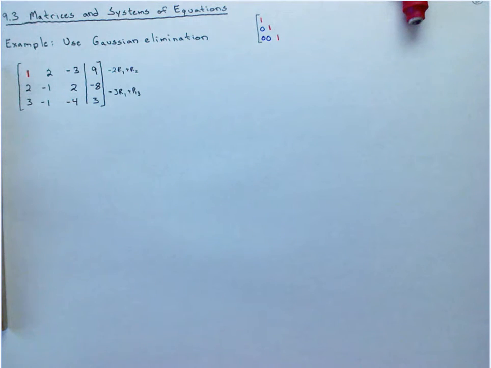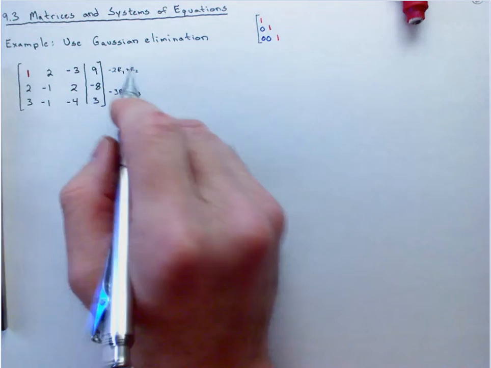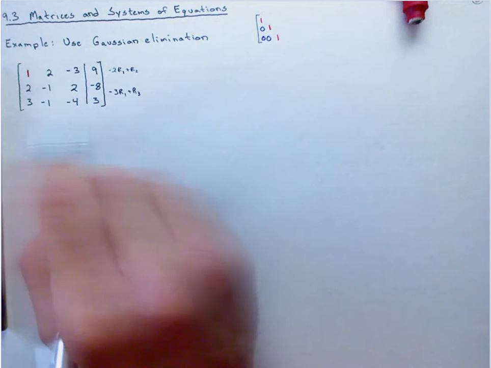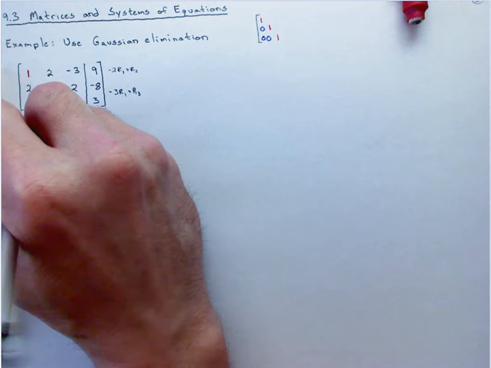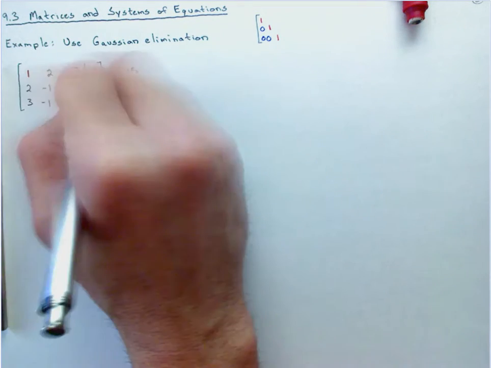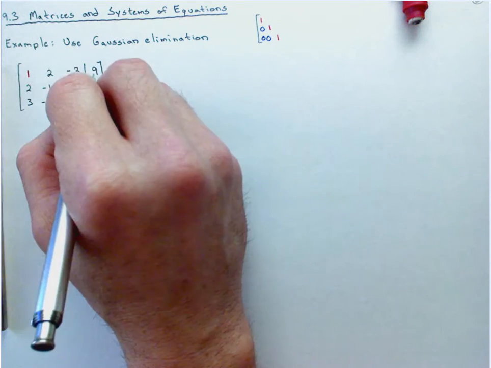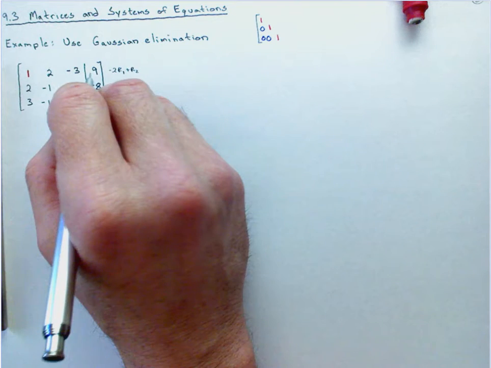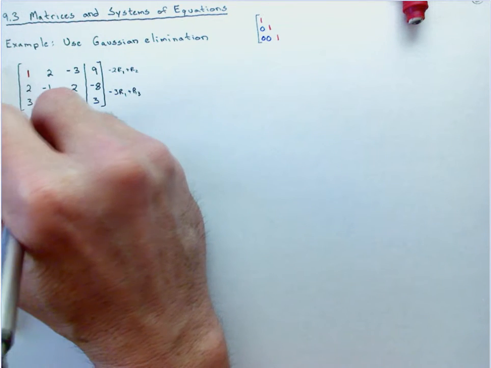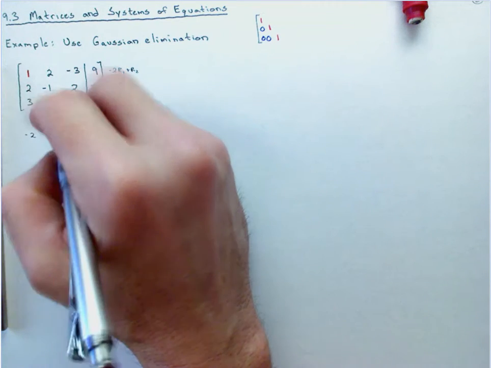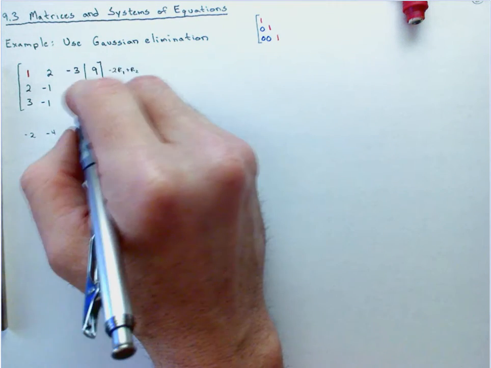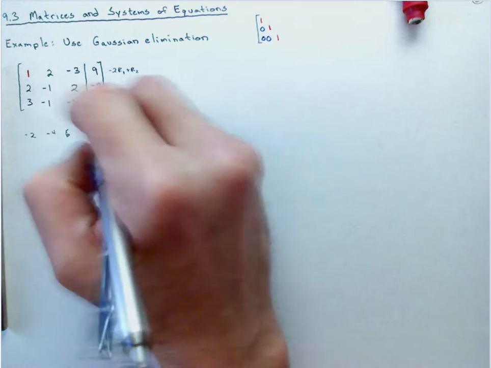I'm going to do my work out here to the bottom so that I'm not having to think it through. I'm going to multiply negative 2 by the entries in row 1. It becomes a negative 2, a negative 4, 6, and a negative 18.